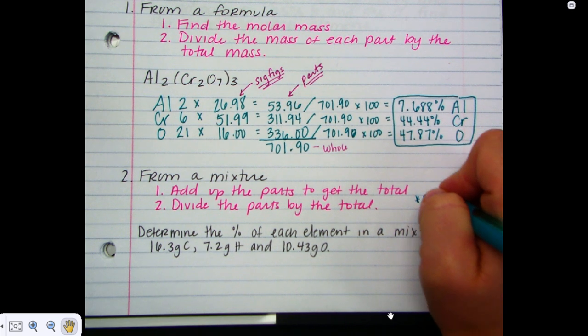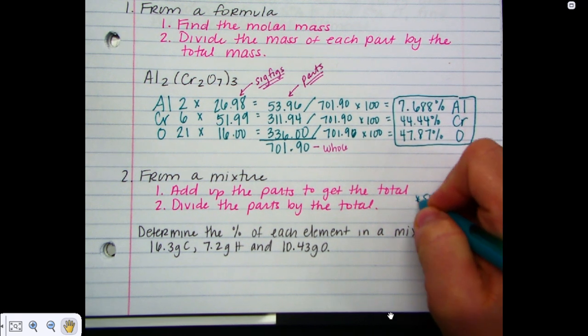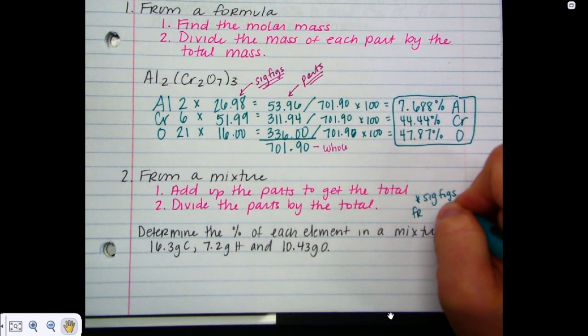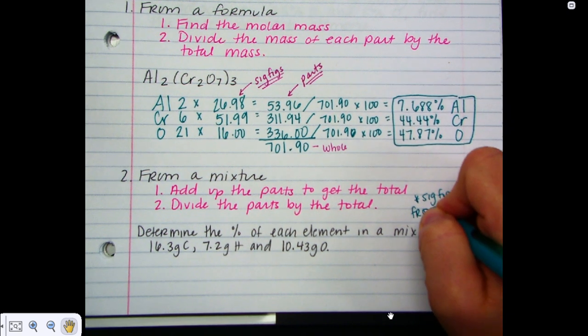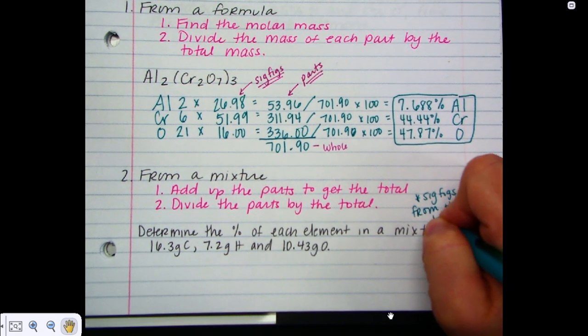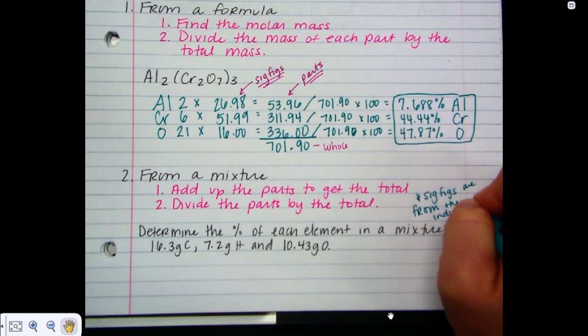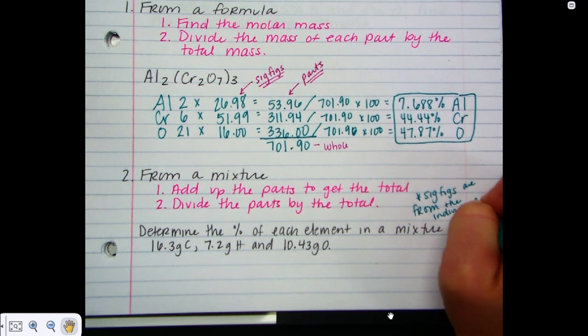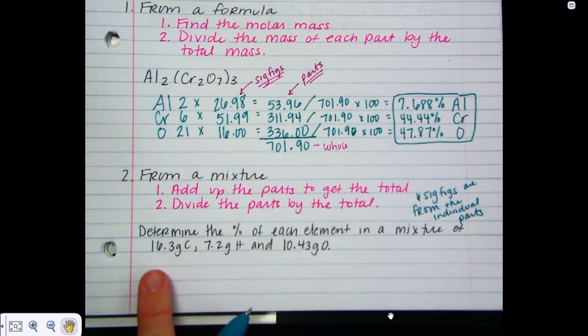The sig figs from the individual parts are from the individual parts, which means each of these, because they have different numbers of sig figs, are going to have different numbers of sig figs in the answer, and that's okay.